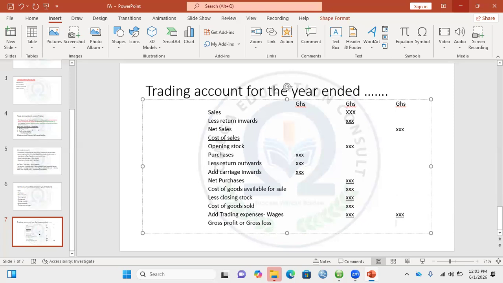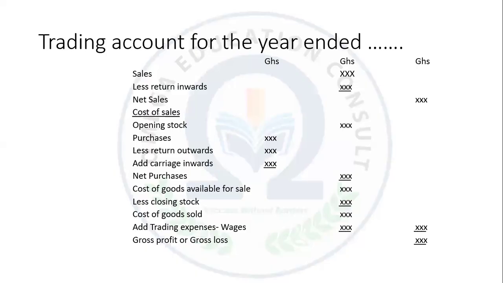And that ends your trading account. So immediately you get your gross profit, that is your trading account. Professors, any question? So this is the format of the trading account. And I didn't want to show it to you once, but we went through it together step by step so that you can appreciate it.